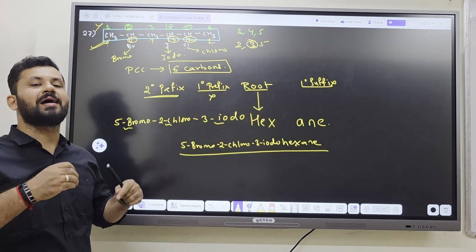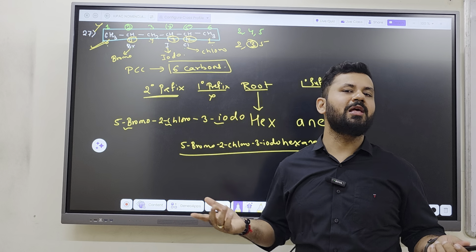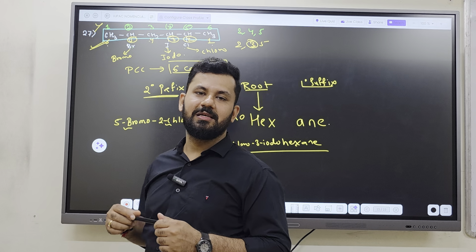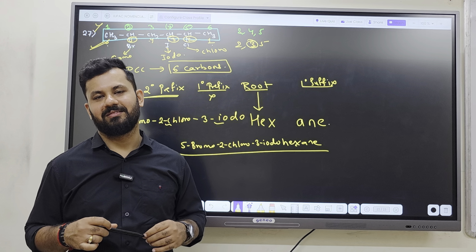Bas, there are only 2 rules, and in those 2 rules you have to just remember the criteria, that is you have to remember the priority. So once you have done these 2 steps, then your name is ready. So how to put those different parts, prefix, root, suffix together, that we will see in our next lecture. Thank you so much.